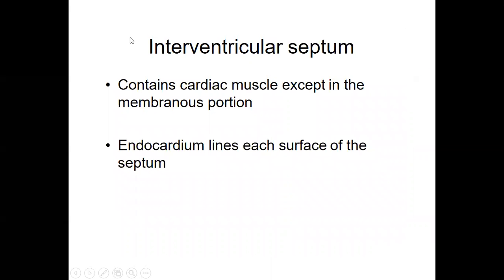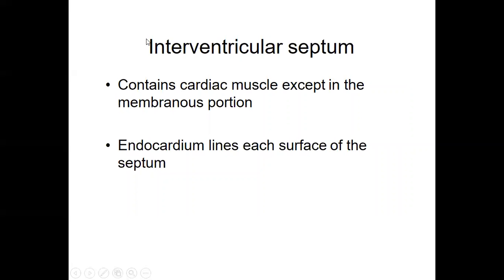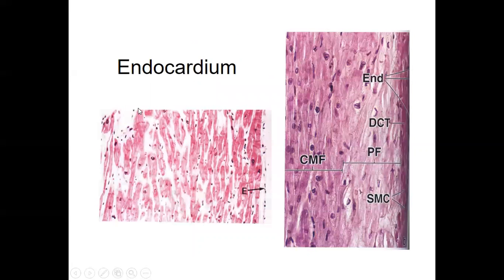Now we're going to discuss the interventricular septum. Sorry, I'll go back to the earlier part of the picture, as I forgot to show you this part. You can see here this is the endothelial layer. When we enlarge the magnification of the picture, you can see the endocardium with the endothelial layer.